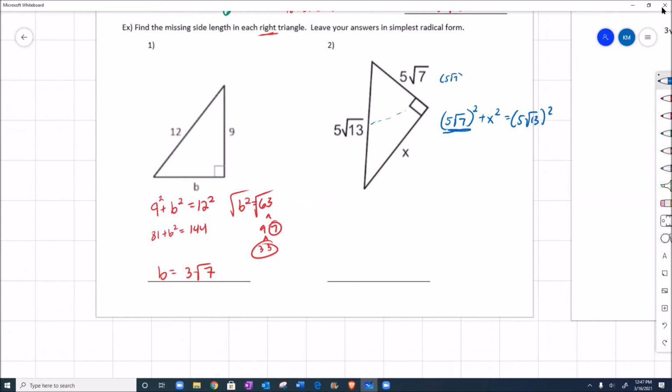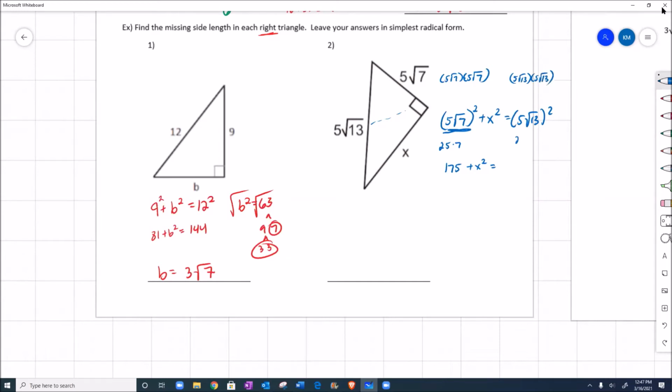When we do that, our rule is outside by outside, 5 times 5 is 25. Inside by inside, radical 7 times radical 7 is 7. 25 times 7 gives us 175, plus x squared equals 5 radical 13 times 5 radical 13.